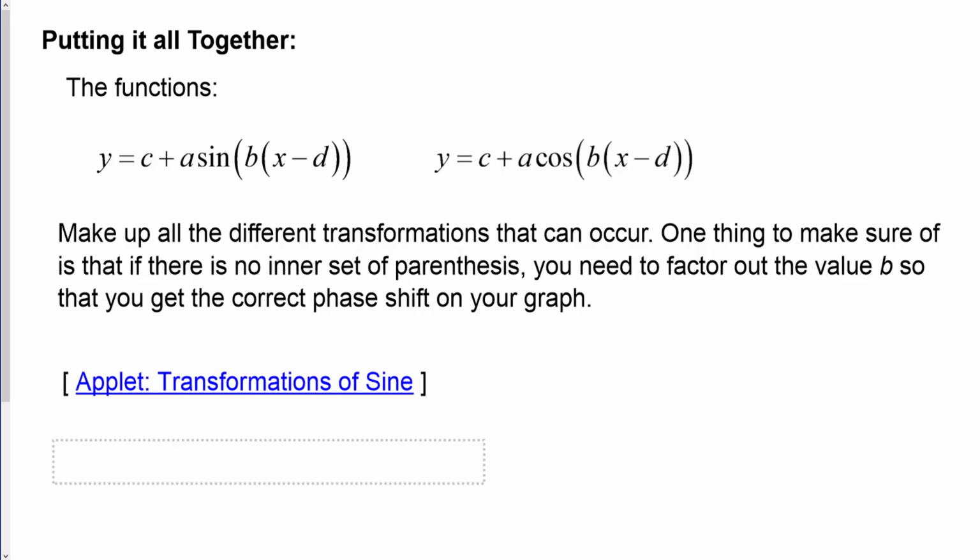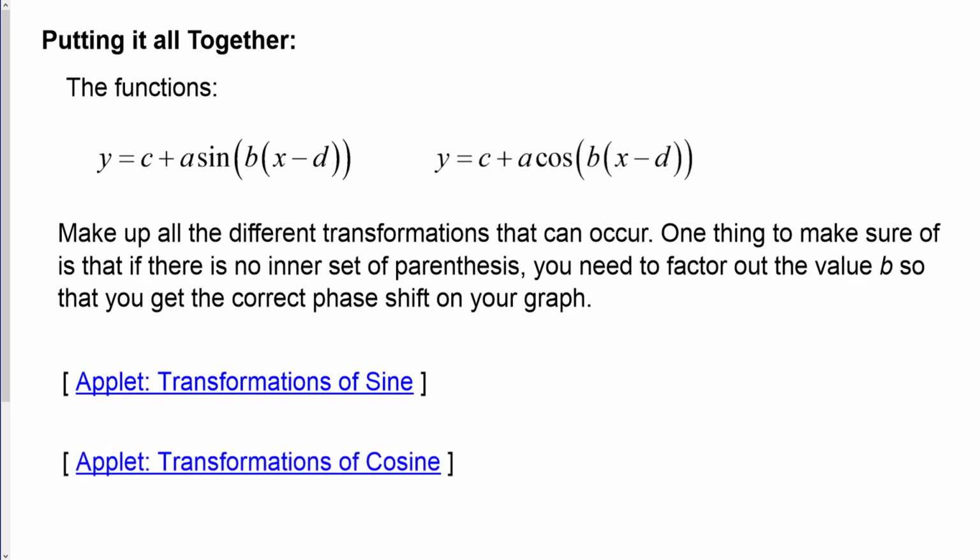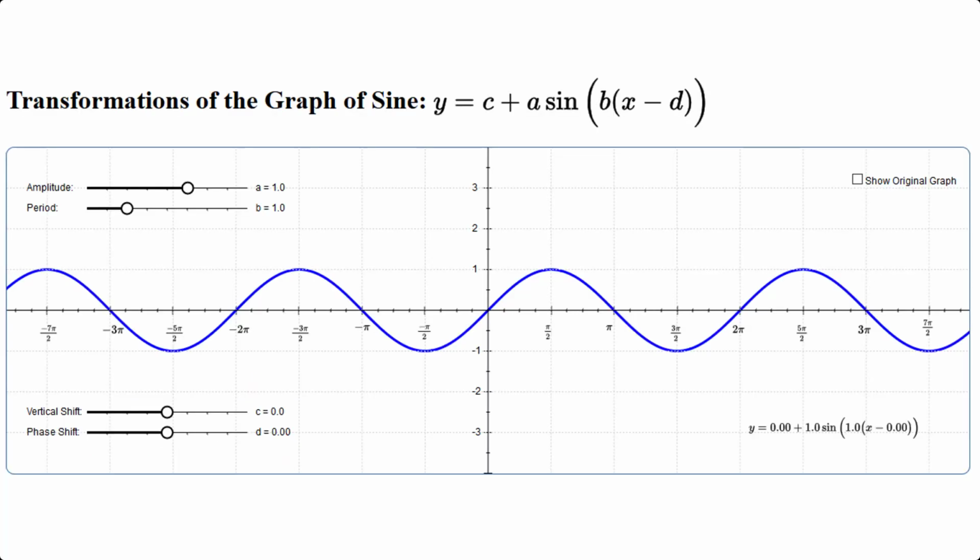So let's take a look at a couple of applets which describe the transformations of sine and cosine. Let's get started there. So, transformations of the graph of sine. Notice I have it written as c plus a sine, then in parentheses b times the quantity x minus d.